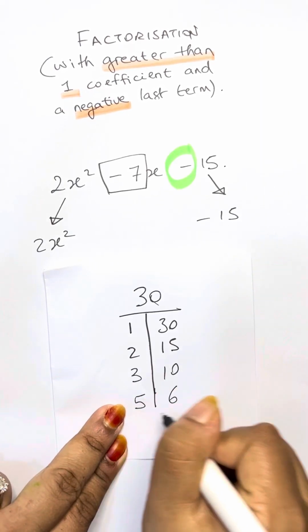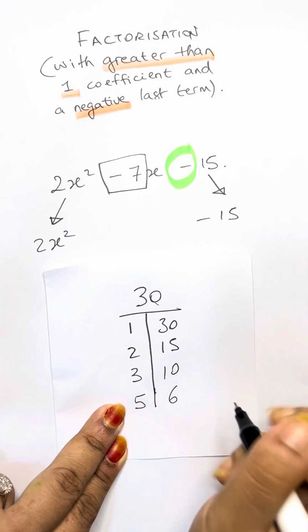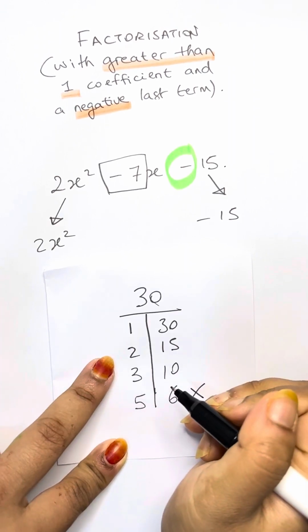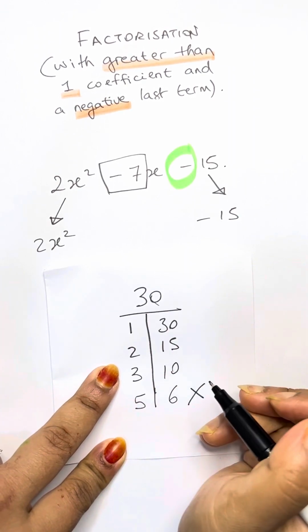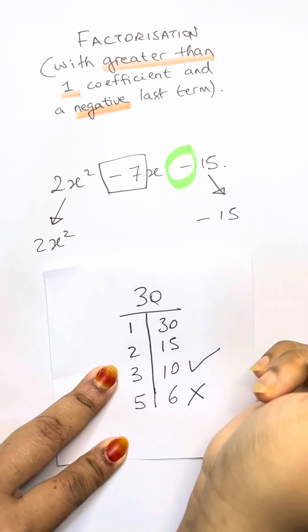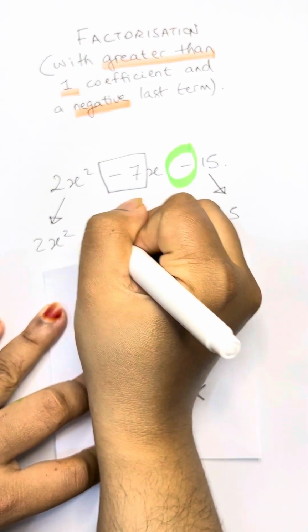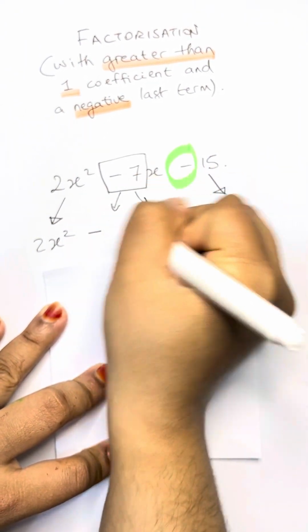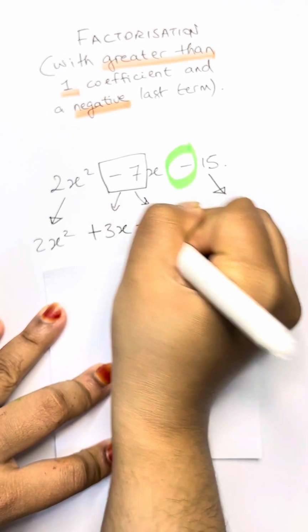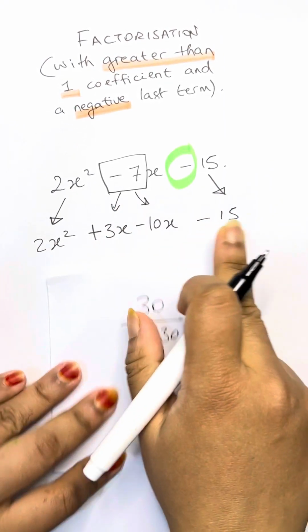When I subtract 5 and 6, do I get a -7? No. When I subtract 3 and 10, do I get a -7? Yes, I do. So I need to rewrite this -7x as plus 3x and negative 10x.